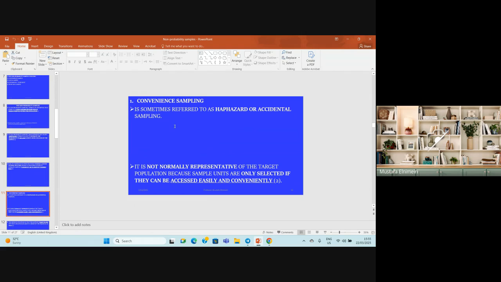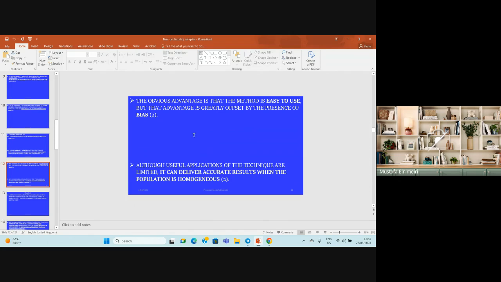Convenience sampling, the first type of non-probability sample, is sometimes referred to as haphazard or accidental sampling, and is not normally representative of the parent population because the sample units are only selected if they can be accessed easily and conveniently. The obvious advantage is that the method is easy to use, but that advantage is greatly offset or removed by the presence of bias.